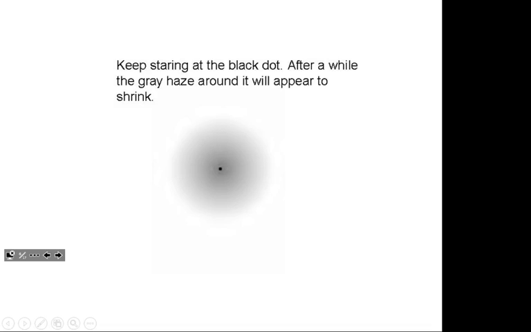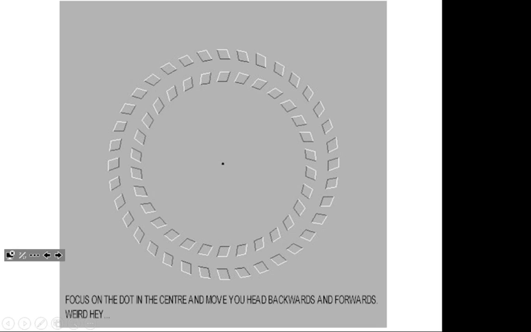It got bigger. Oh yeah, you can do this one on the paper. It moves. So do this one on the paper. Focus on the black dot. Is it gonna move? Yeah. Wow, it actually moves. And then they actually turn.